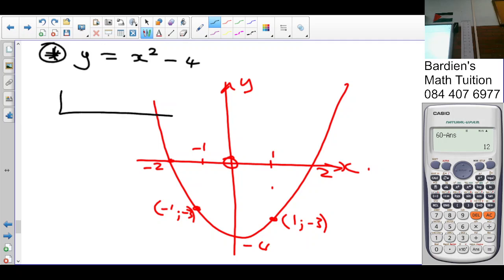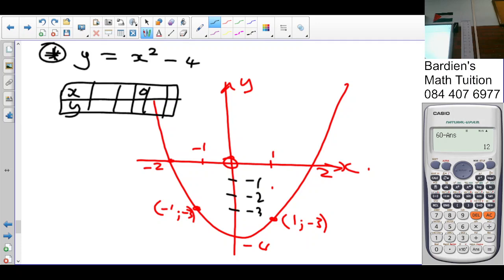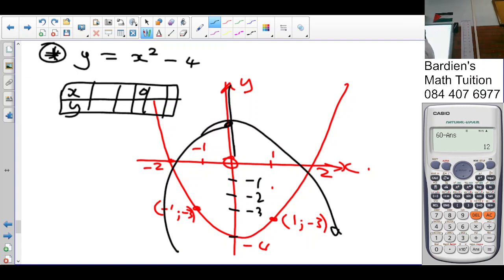Right, so from the table, you've got x and y, not so? 0 corresponded with what? Negative 4. But if you look here, this is minus 1, minus 2, minus 3, minus 4. But you're saying it's on top here. You're saying your graph looks like that. But this is the positive part of your y, and this is always negative at the bottom.